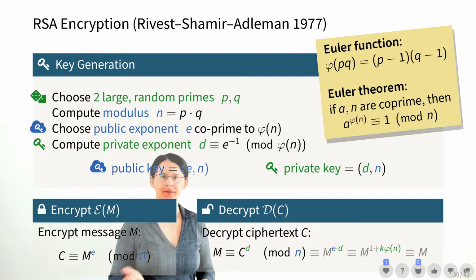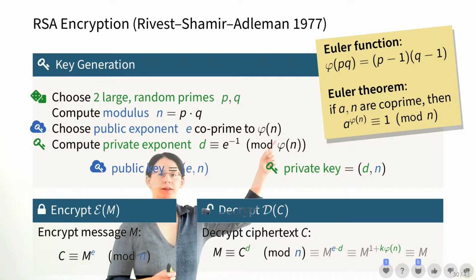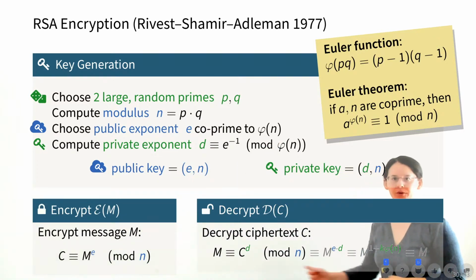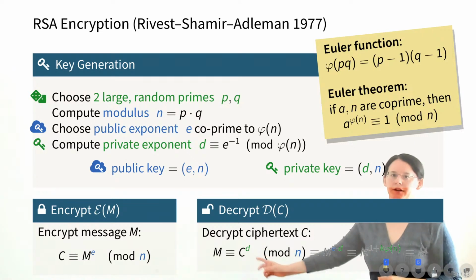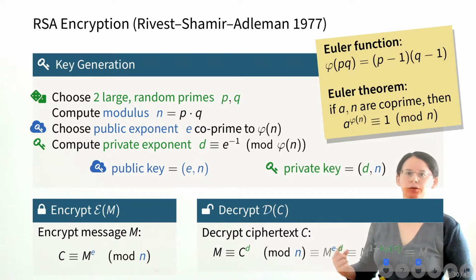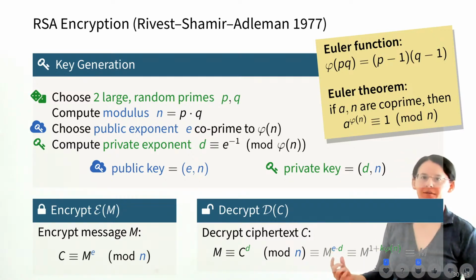Why does it work? Well, it works thanks to this theorem up here. Because let's look at it. If we compute C to the power of the private exponent, what are we actually doing? Well, C was computed as m to the power of e. So what we're actually computing is m to the power of e to the power of d, which is the same as m to the e times d.